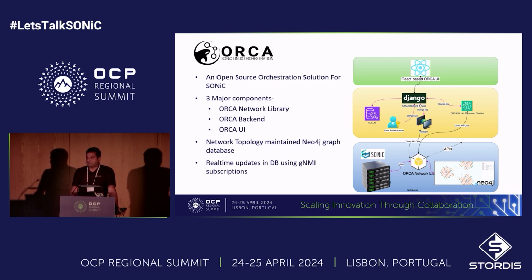We are subscribing to certain OpenConfig paths, depending on the type of subscription you have chosen. If it is on change, for example, if our interface is up or down, it makes sense to make a subscription with the type on change. So whenever it goes down, you are interested in getting a notification. Such subscriptions ORCA Network Library makes, and it helps to maintain a real-time database.